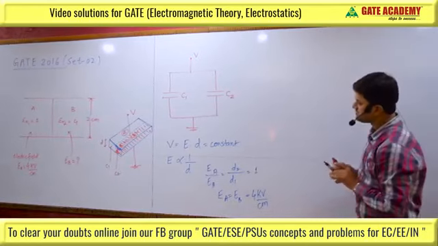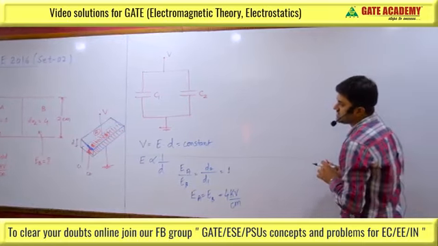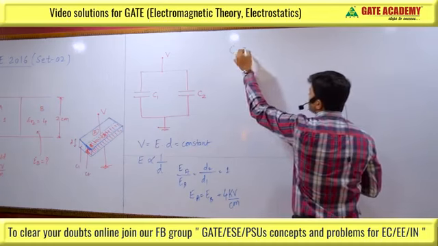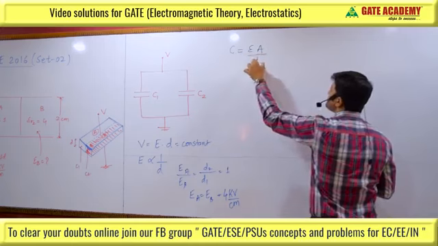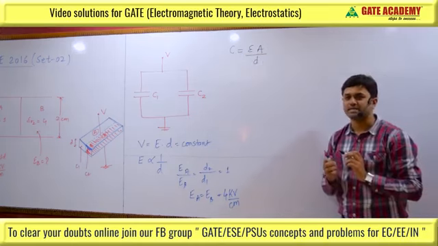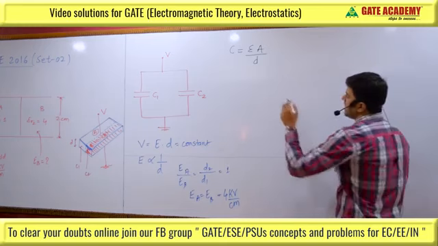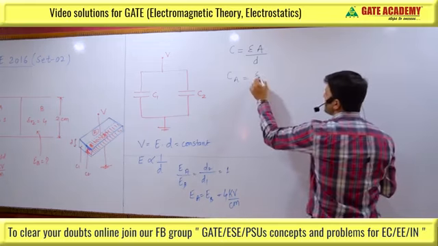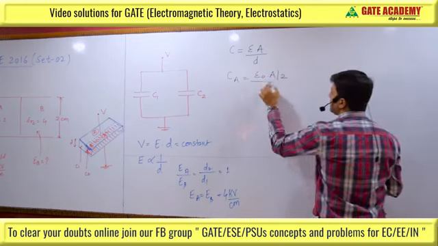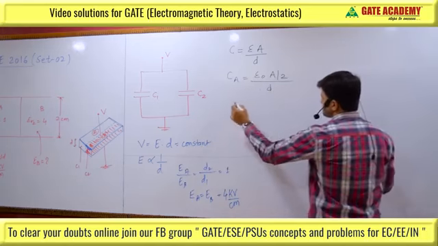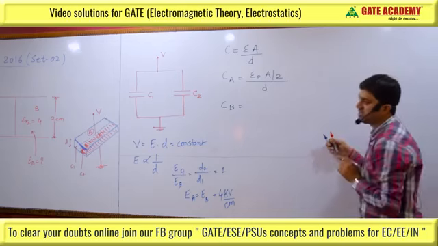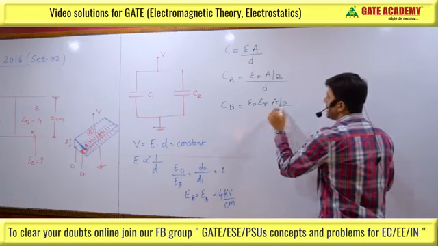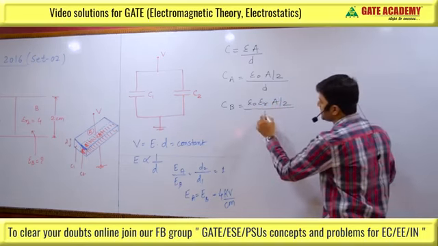There is another method. The second method is, because this is a parallel plate capacitor, capacitance is given by epsilon A by D. Let's calculate for region A. The capacitor CA will be epsilon naught, area is half, divided by D. And let's calculate for the other region, that is B: epsilon naught epsilon R, area is half, which is coming into effect in that capacitive medium system.